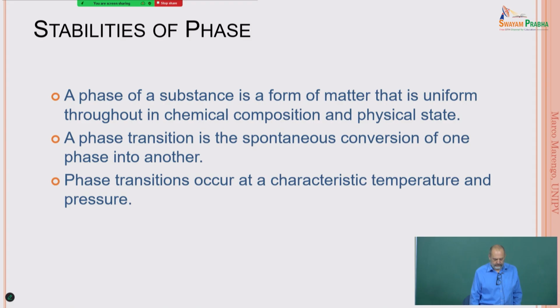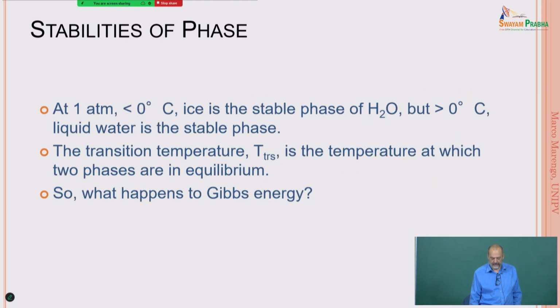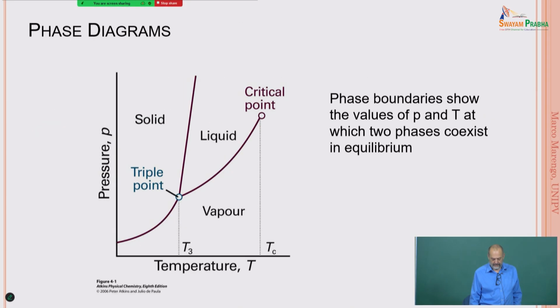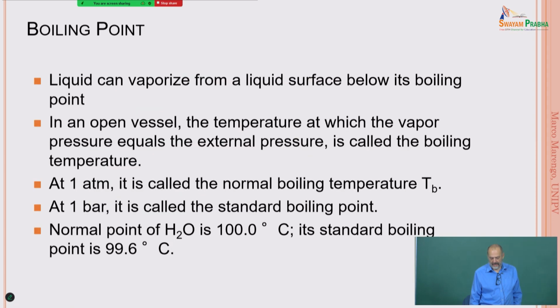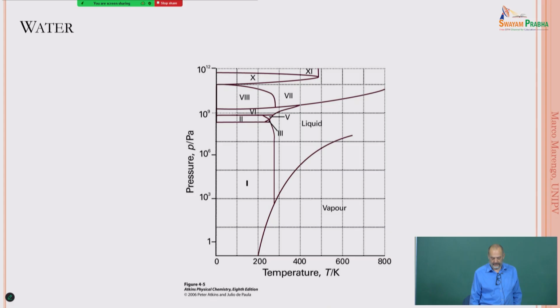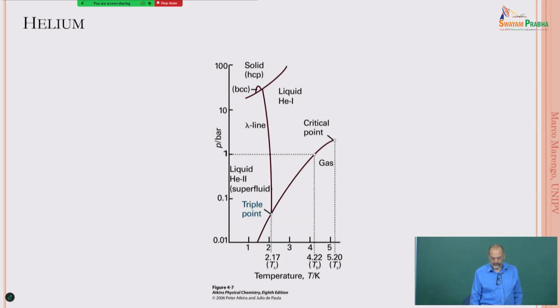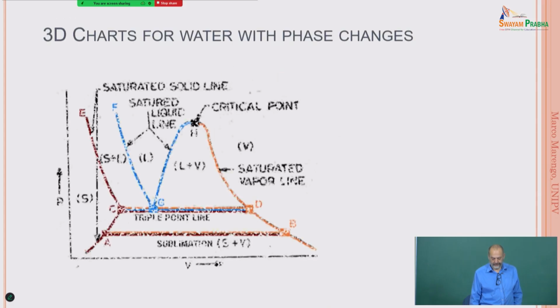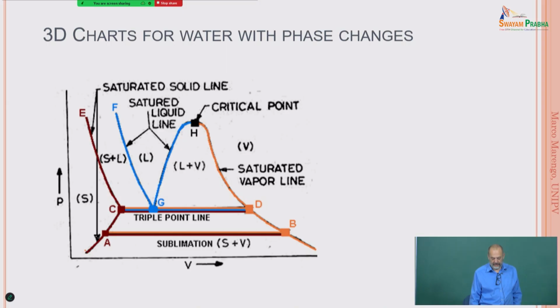And the phase transitions are, let's say, somehow stable in the conditions where they are occurring. I don't have time. This is something that I'm giving to you later, so it's not important. And then we have these very known 3D charts or 2D charts for the pressure and volume and so on.